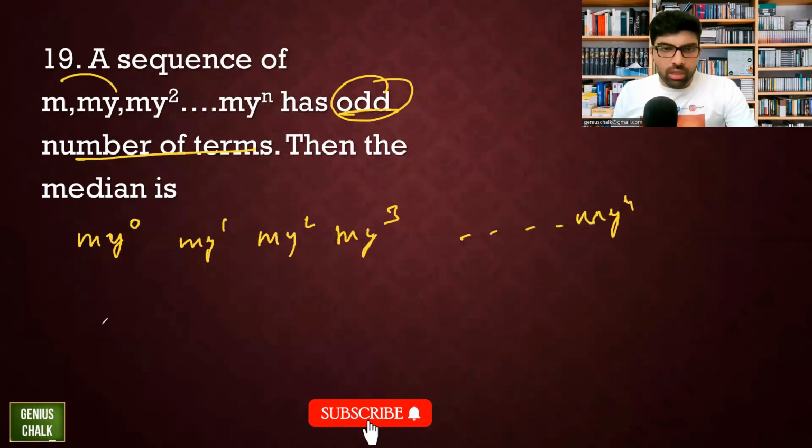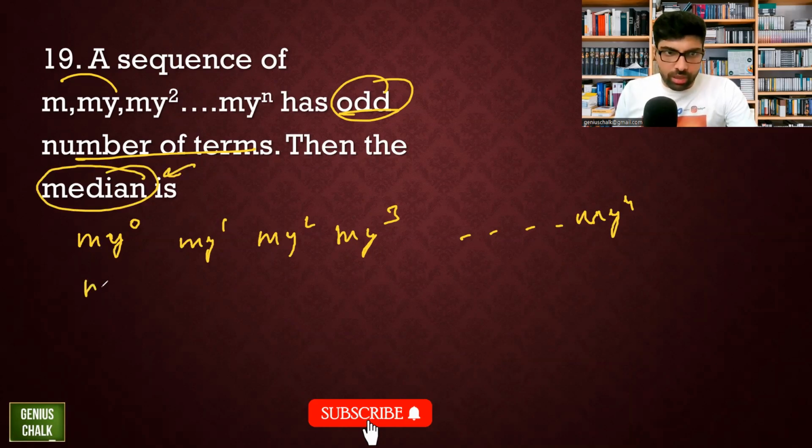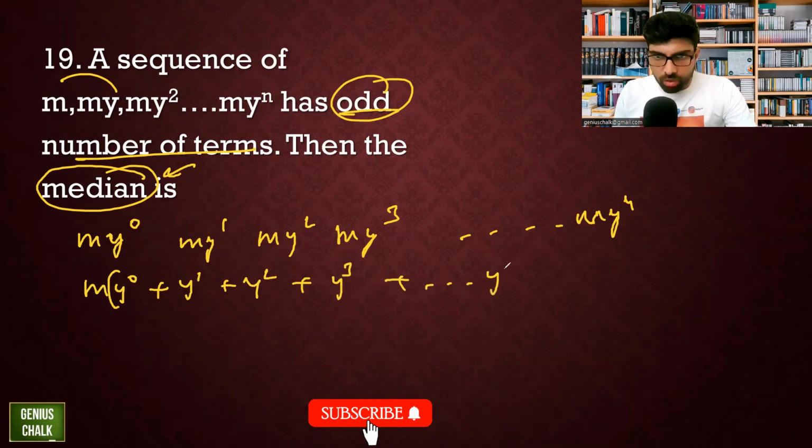Now you see, if I have to find the median, let's take something common first. For the median, the numbers have to be arranged in ascending order, then we find the middle value. So if you take m common, it is y0 plus y1 plus y2 and up to yn.